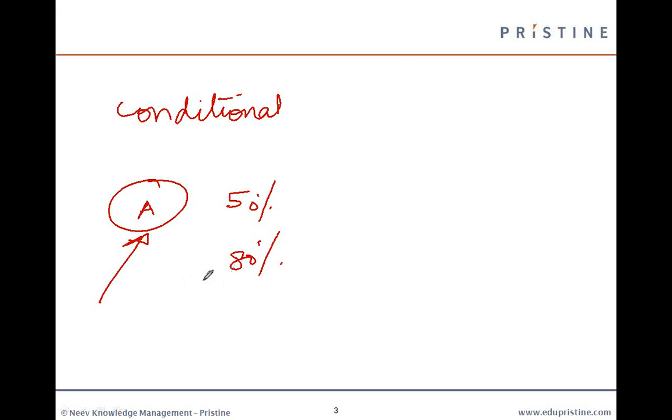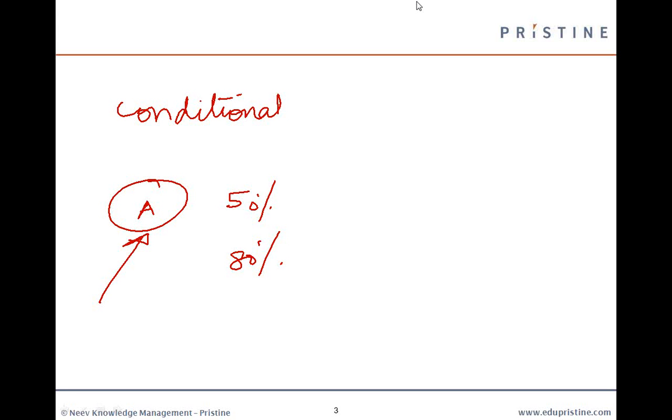That's why I'm not saying 100%. But what has changed between this and this? When I say, tell me your probability of passing the exam, you say 50%. But when I say, tell me the probability of passing the exam given that the question paper is already leaked and you get your hands on it, you say it's different.